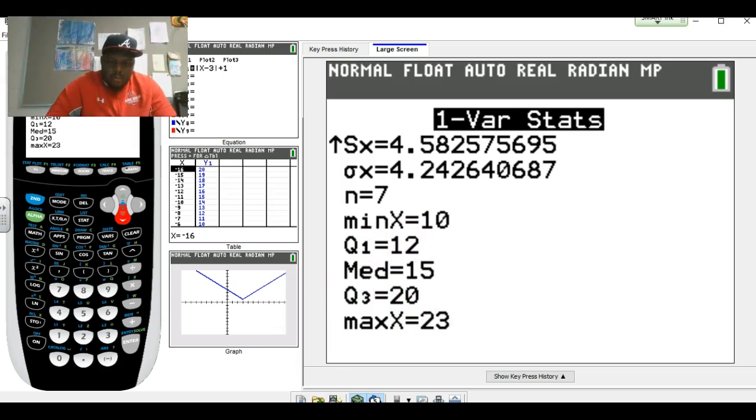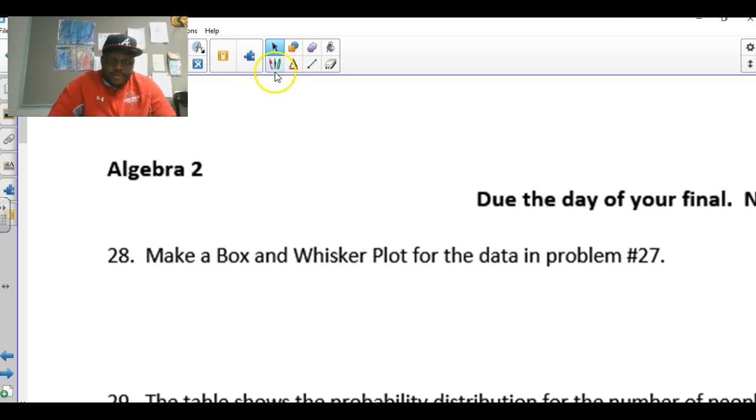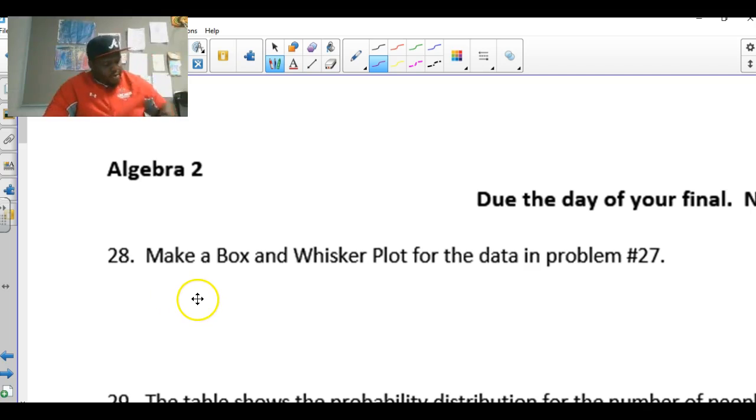So for our box and whisker plot, I'm just going to sketch a box and whisker plot for you. But yeah, let's make a number line.